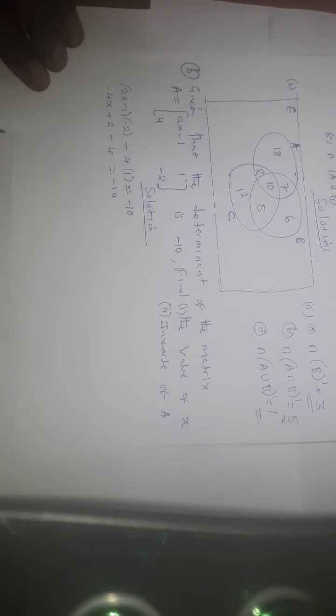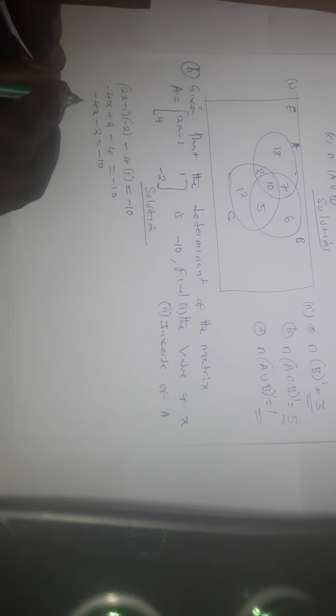So we can now simplify. The negative 2 is going to multiply everything inside. We are going to get negative 4x plus 2, then minus 4 when we multiply this, which will be equal to negative 10. Hope we are moving together.